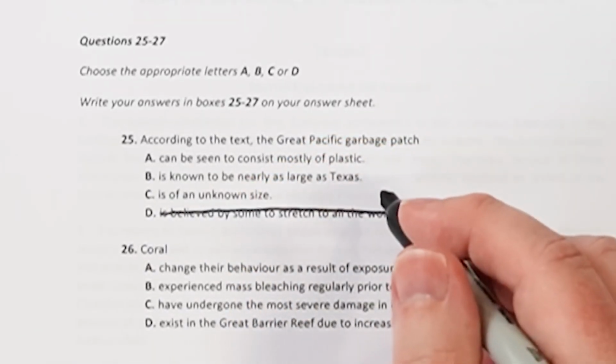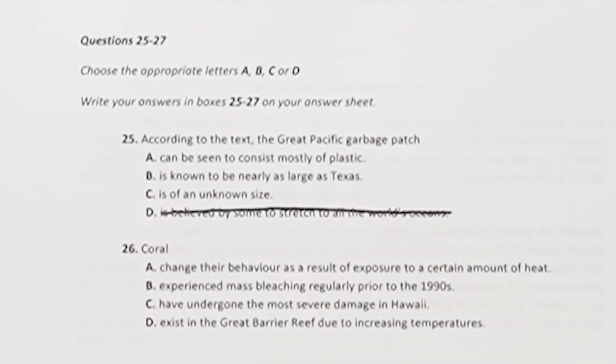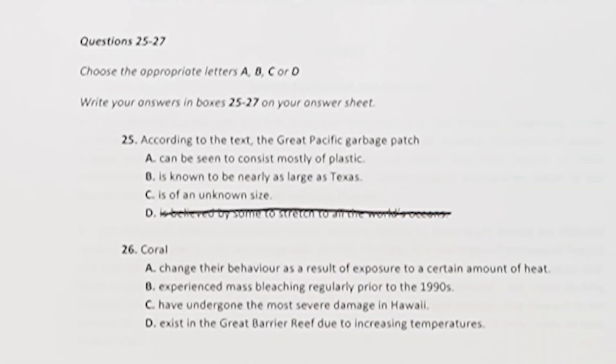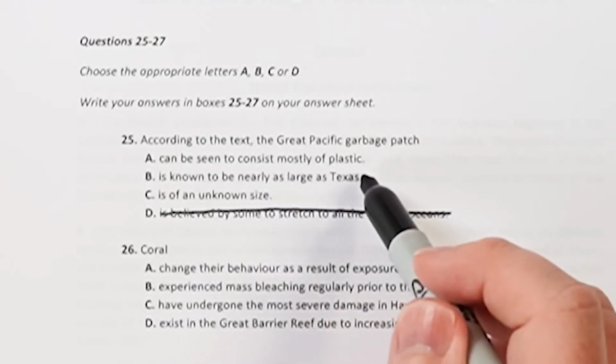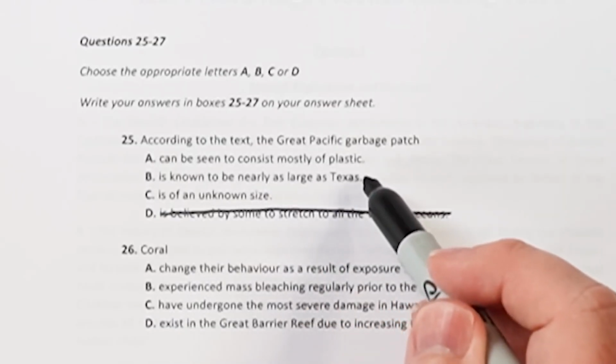It does mention Texas, but just because you see a keyword, and this is the problem with the keyword strategy, you'll often hear YouTubers talking about just underline keywords and find the keywords and that'll give you the correct answer. All that does is it gives you part of the answer or the location of the answer. So is known to be nearly as large as Texas.